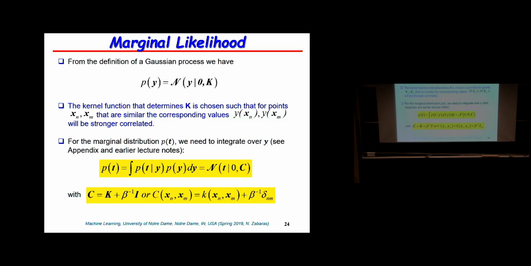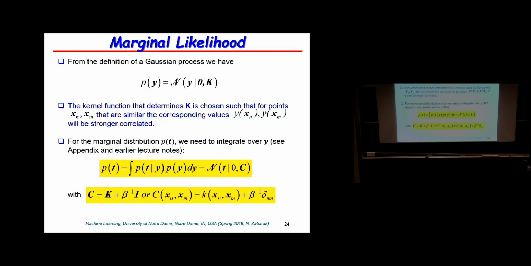Okay, so we have a likelihood model, P of t given y. We have a prior GP that defines the joint distribution of y. And if you integrate y out, so if you integrate the function values out, what you get is this Gaussian. This is a standard calculation for linear Gaussian systems.